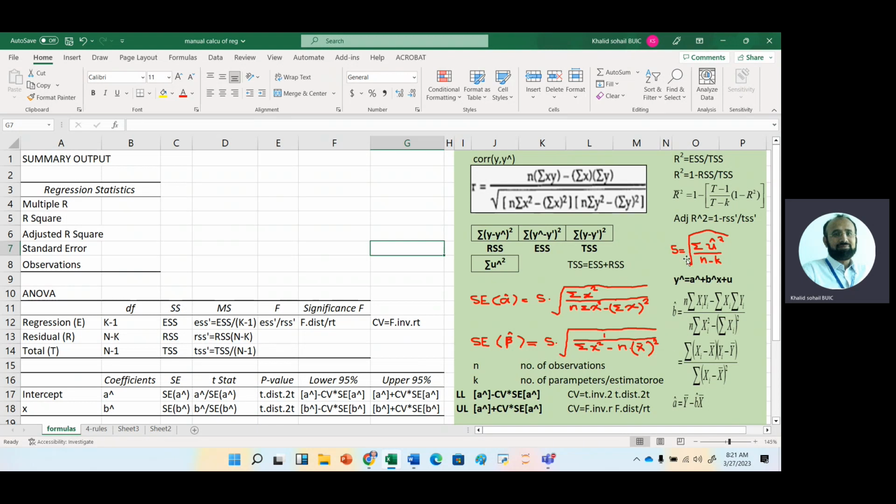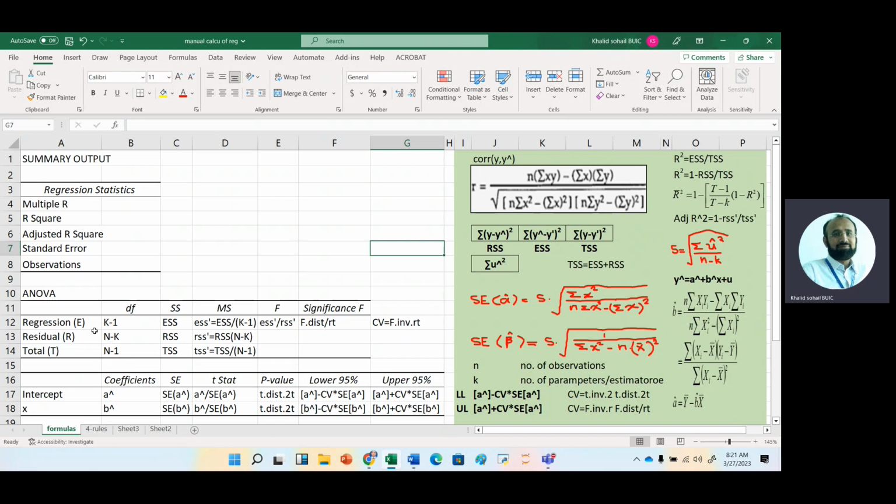Now after getting this S, then we have ANOVA. In ANOVA, we have regression that is represented by E, the residual that is represented by R, and the total that is T. Here we have degrees of freedom: k minus 1, meaning number of parameters minus 1, and the total number of observations minus number of estimated parameters, that is n minus k. If we add, we get n minus 1.